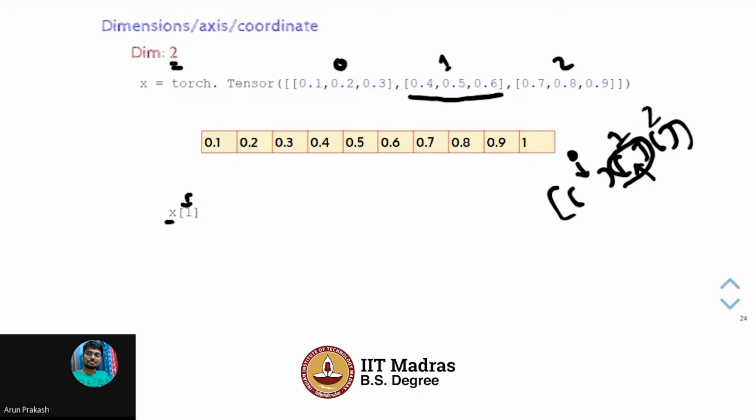Now it is no longer two-dimensional. Initially it is 3 by 3, and it is going to be 1 by 3, I guess. Yeah, it has to be 1 by 3. So now you got this, right? Why does it return 0.4, 0.5, and 0.6, all these three?